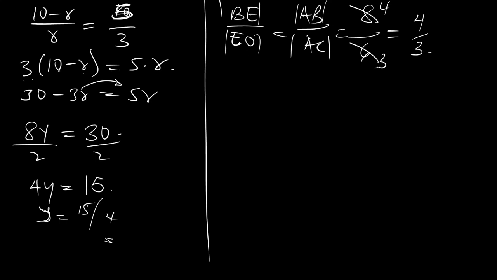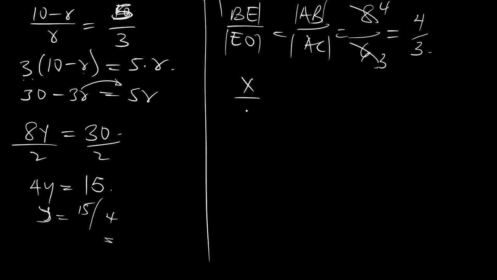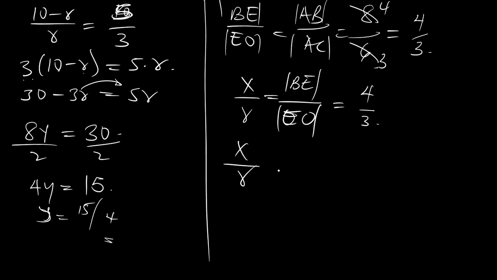Then BE over EO: BE here is x divided by R, which is equal to 4 all over 3. So x over R is equal to 4 all over 3. Now, if you multiply both sides by R, this will cancel, so that you have x equal to 4R over 3.